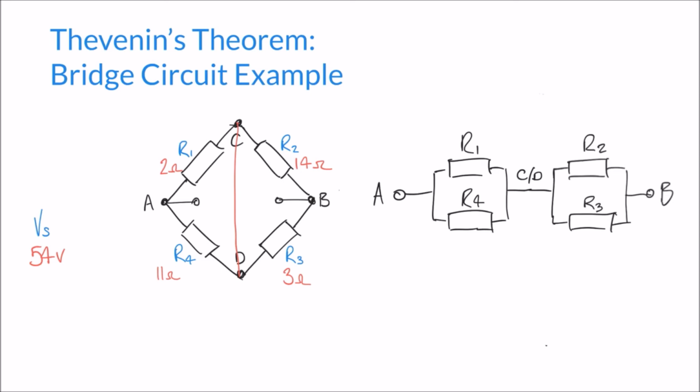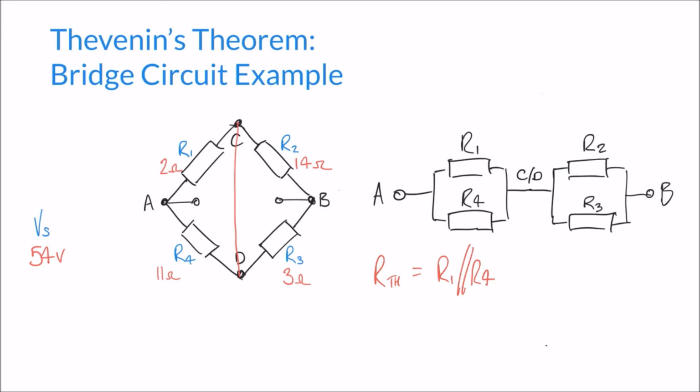So hopefully when we redraw this diagram on the left hand side as this diagram here on the right hand side, you can see that it's not actually all that confusing at all. It's just two sets of parallel resistors both added together in series. So we can now work out the resistance between points A and B very easily. We can say that first of all the Thevenin resistance is equal to R1 in parallel with R4. That's just my shorthand, the double slash for two resistors in parallel.